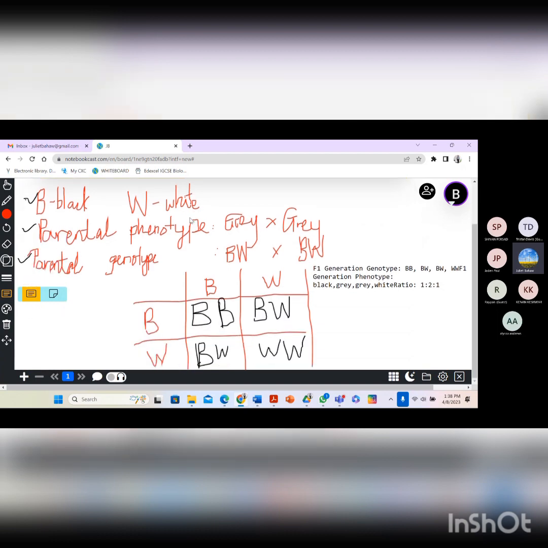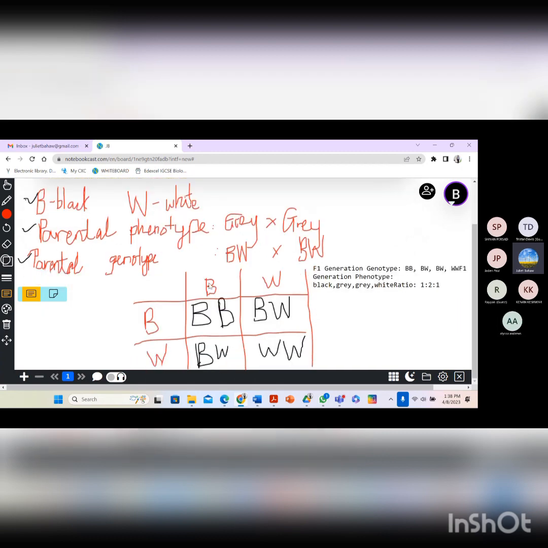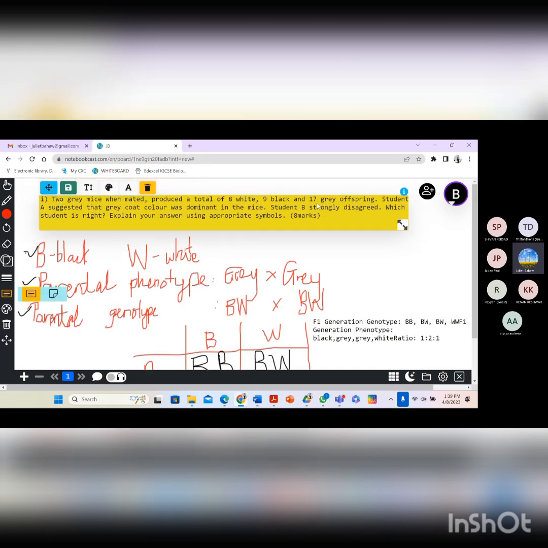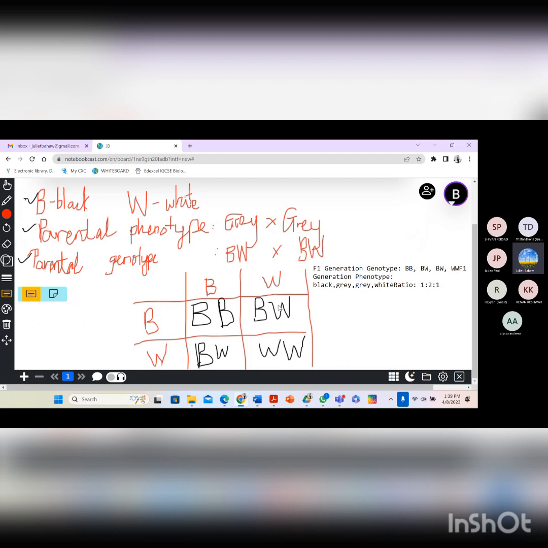The answer would be basically that student B is right, because gray is not a dominant coat color. Gray was a mesh, a combination of the black and the white that produced that particular color. And this is what you call incomplete dominance.